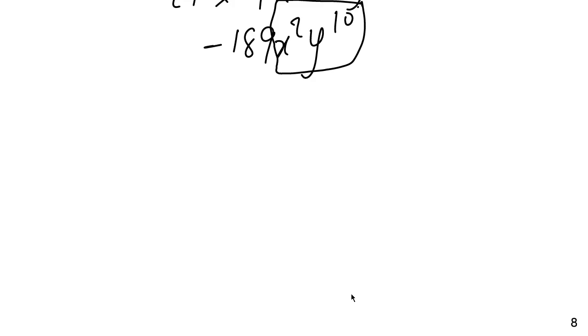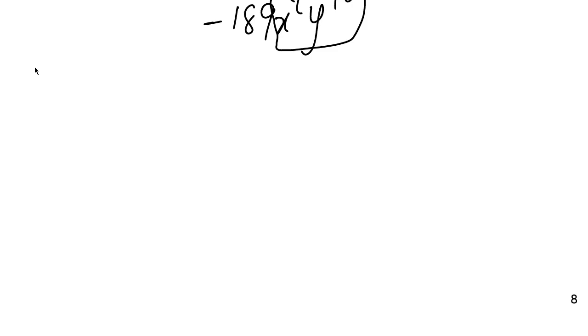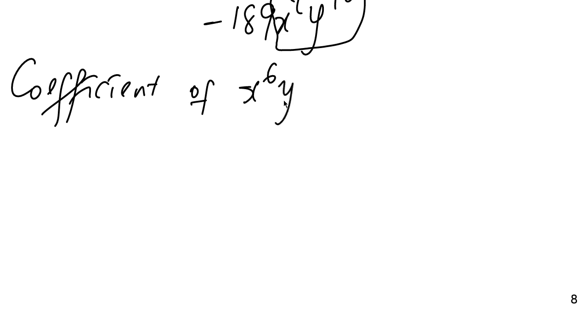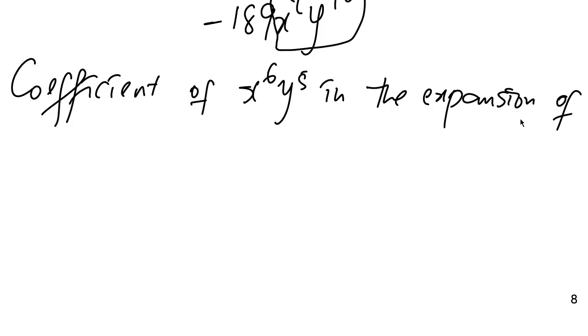So with what I have taught you, please, I want you to solve this. Coefficient of x to the 6, y to the 5 in the expansion of 2x plus 3y to the power of 11.